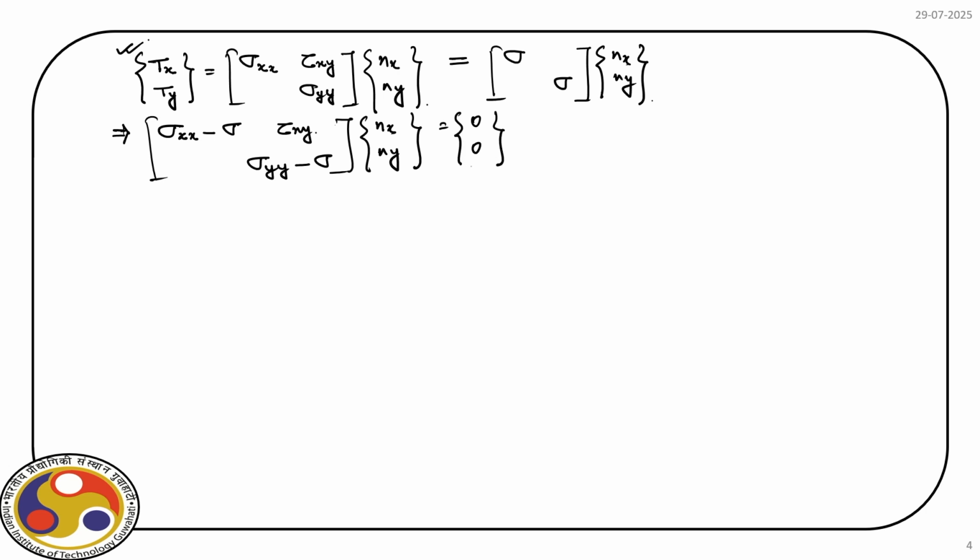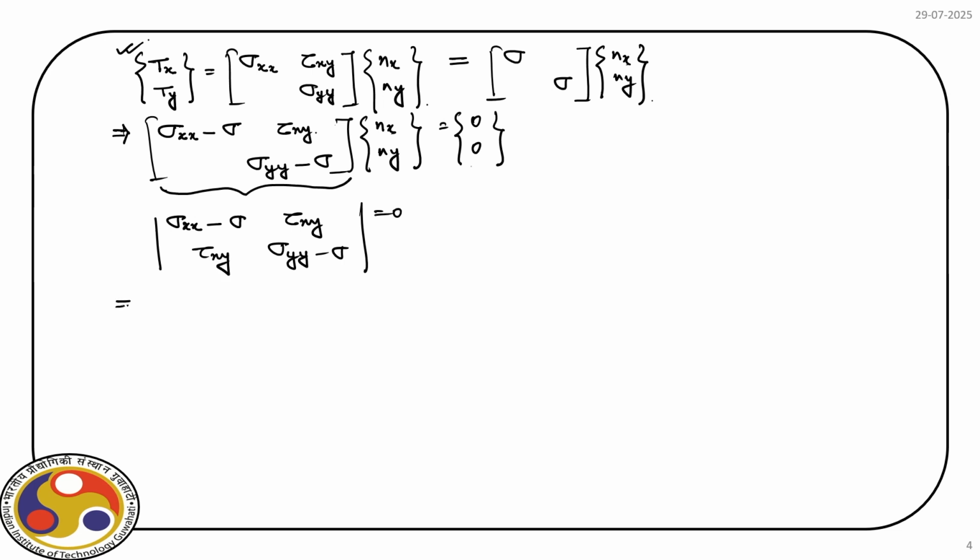Now, the trivial solution nx equal to ny equal to 0 is what we are not looking at. So, the inverse of this matrix should not exist, and for that we have the condition that the determinant of sigma xx minus sigma, tau xy, tau xy, sigma yy minus sigma is equal to 0.